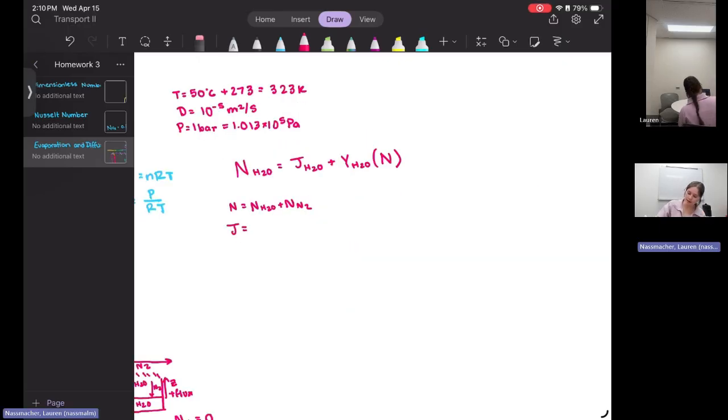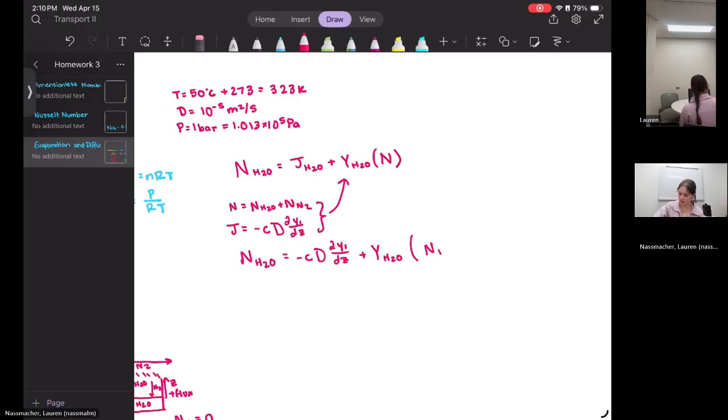We also know that Fick's law says our molar flux is equal to negative concentration multiplied by the diffusion coefficient multiplied by the concentration gradient. So plugging both of these concepts back into the equation we just created, we get that the flux of our water is equal to negative concentration, diffusion coefficient, concentration gradient, plus our mole fraction of water times N H2O plus N N2, and N N2 is equal to 0.